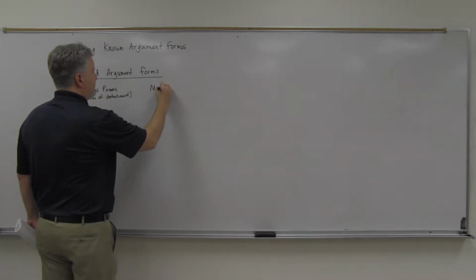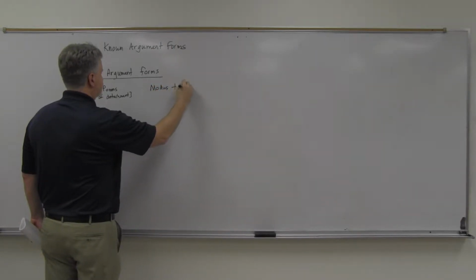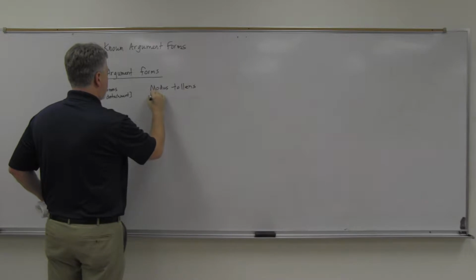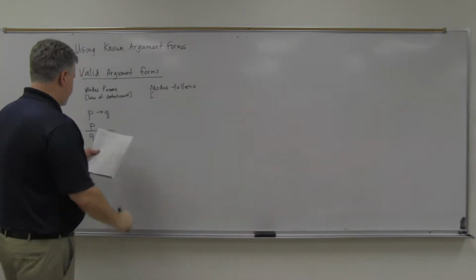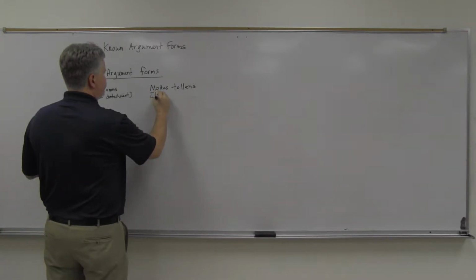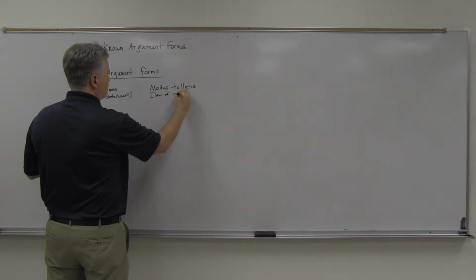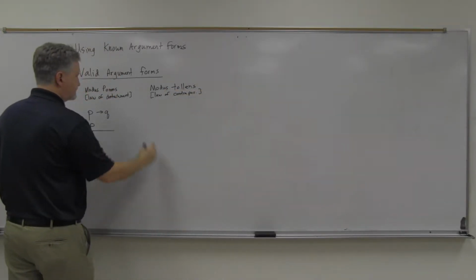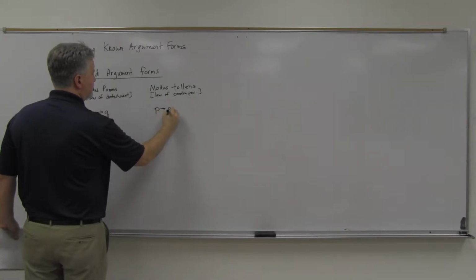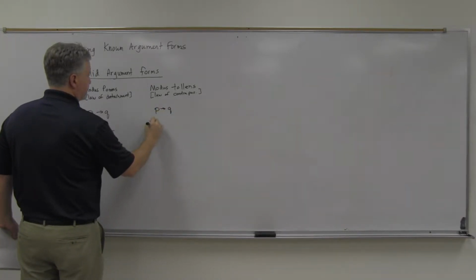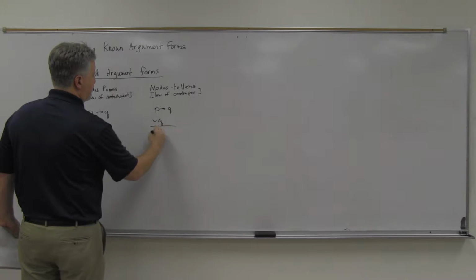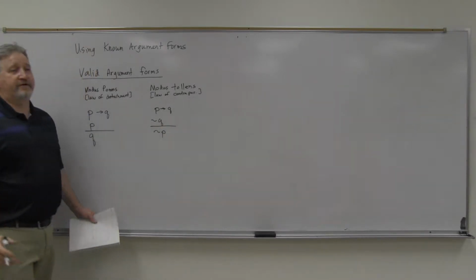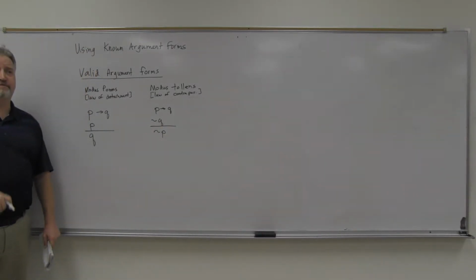They also have listed there Modus Tollens, also called the law of contrapositive. It's P arrow Q, not Q, therefore not P. Now we didn't look at that one as a truth table, but is that one valid?